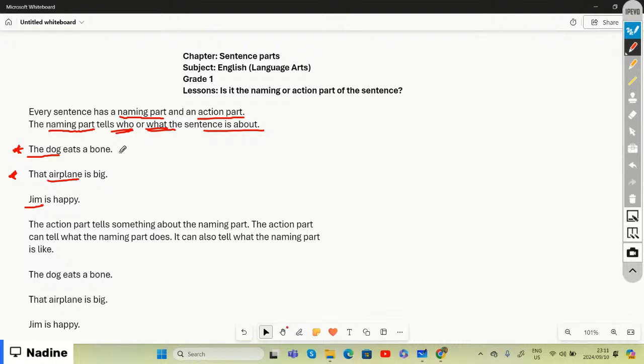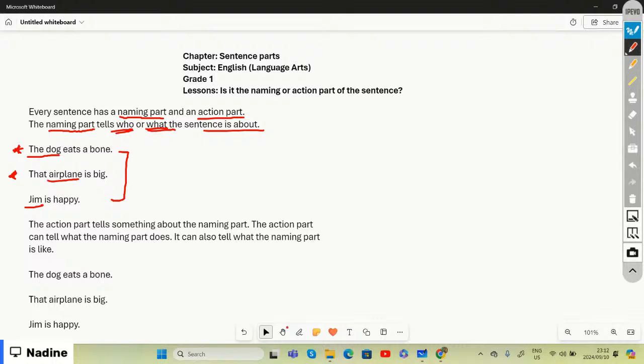So if we look at these three examples, right? These three examples, it's a naming part and it names who or what the sentence is about. And we said in the first sentence, the dog eats a bone. The sentence is about the dog, that is the naming part. The next sentence is that airplane is big.